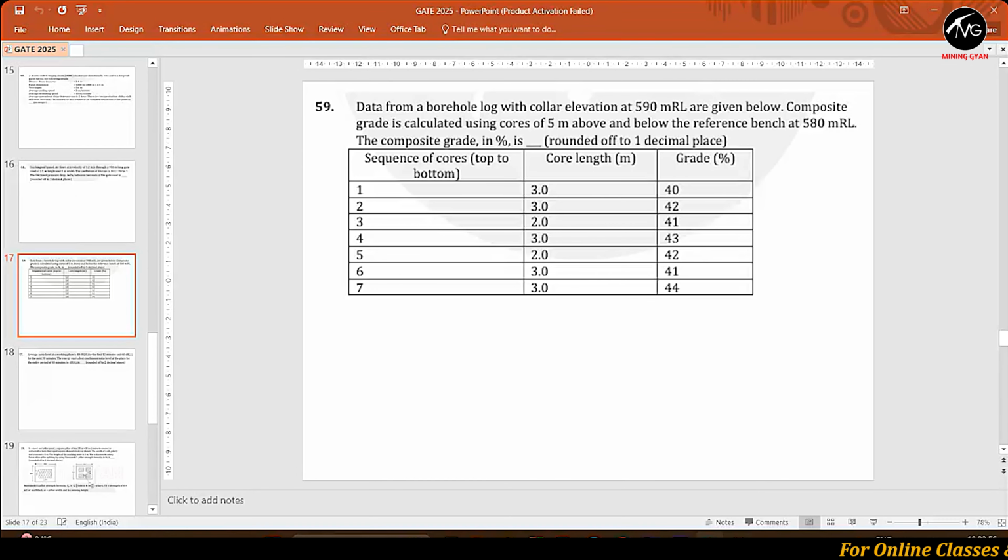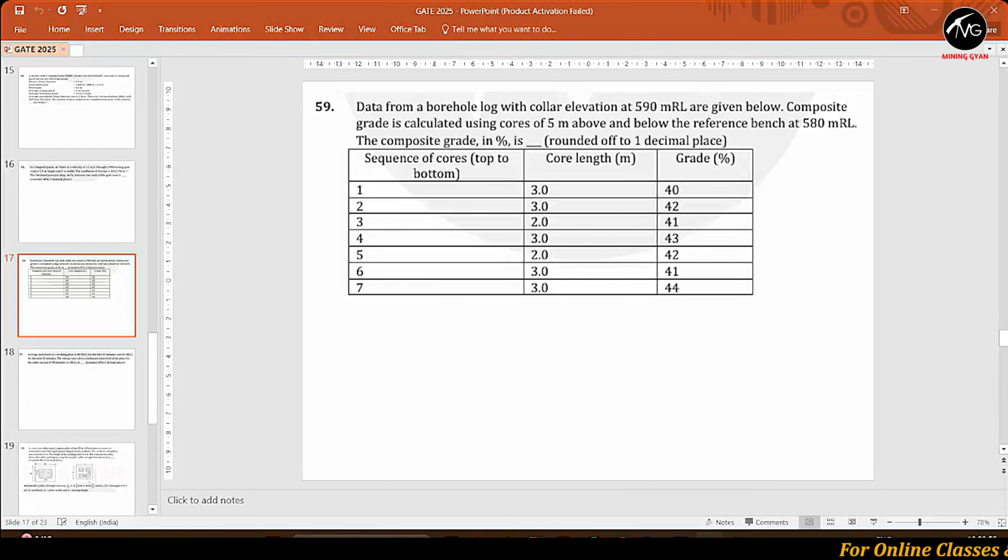So this is a borehole log. This is the RL of 590 meter, this place. Now the core length is given.